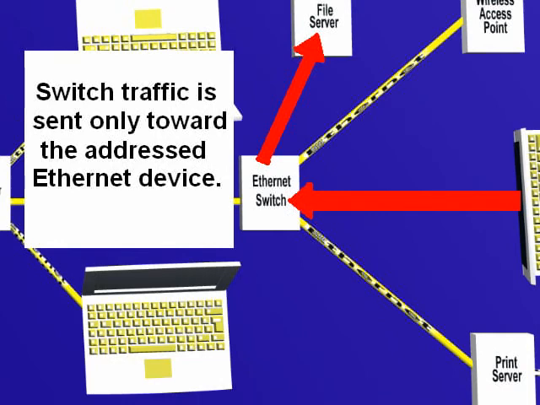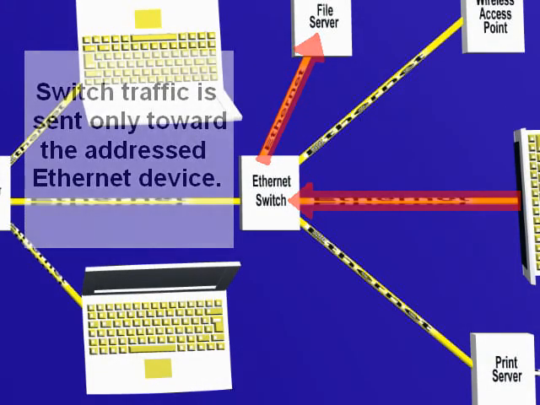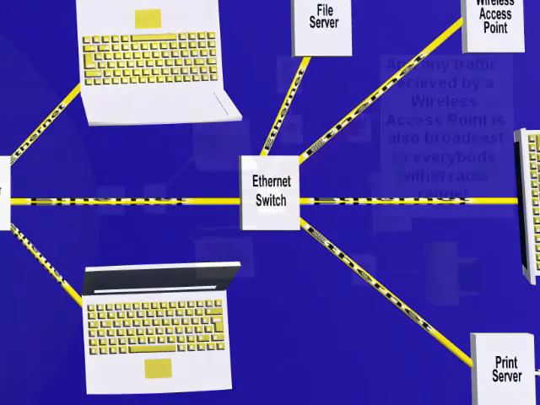So if one person is sniffing all the traffic on their wire, they'll only see their traffic going to and from the switch, because the switch sends other people's traffic down their connections. Whereas with a hub, you essentially rebroadcast everything that the hub receives.